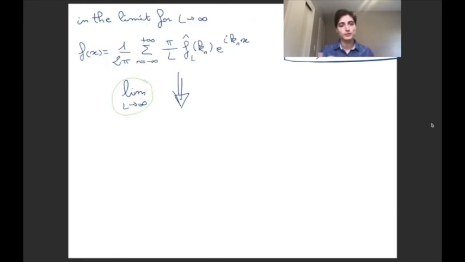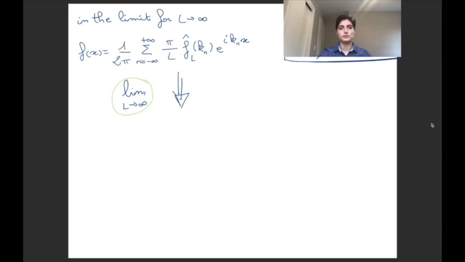So with this, we can understand how, when we're taking the limit for capital L tending to infinity, the width of our interval that we are integrating over is tending to infinity. And it makes sense because we want our function over that integral to be tending to 0 at infinity.